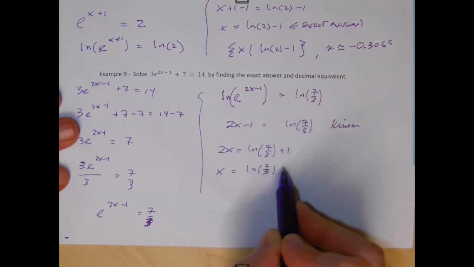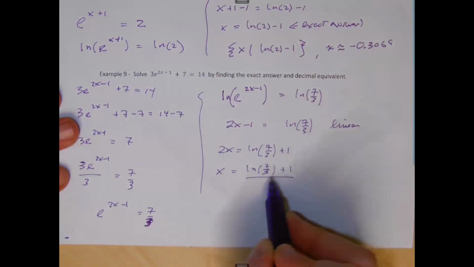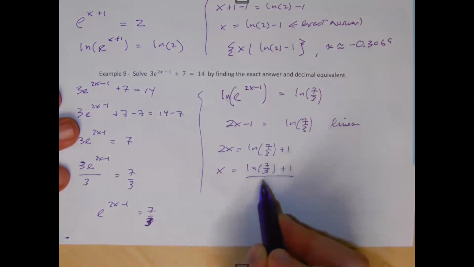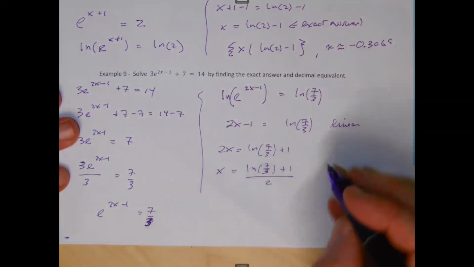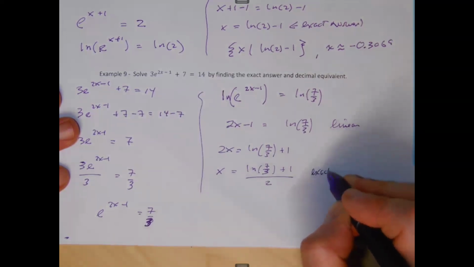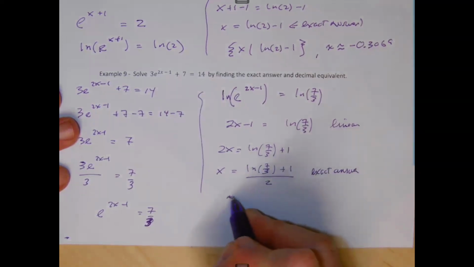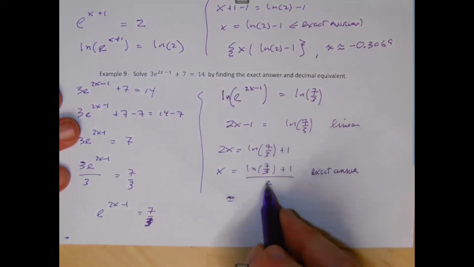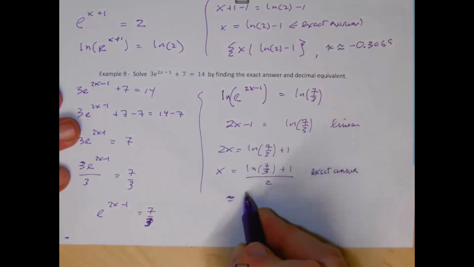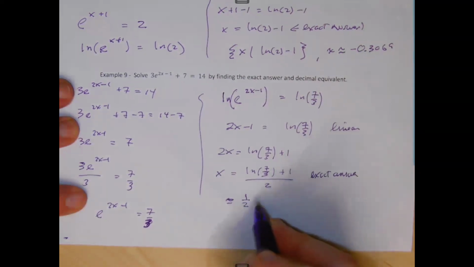So don't be tempted to distribute or invite that 2 inside the function notation here. That's not going to work. And this is your exact answer, which of course can be written different ways. I could distribute the half to both of these, and it would look something like this.